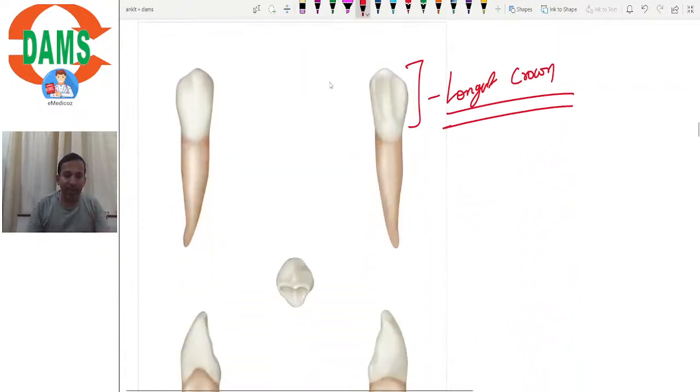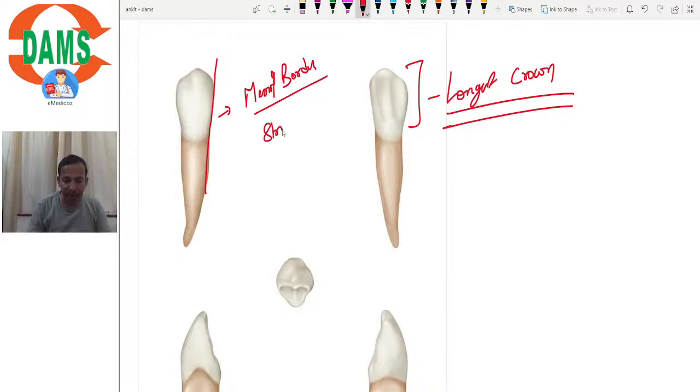Also, now let's see in this mandibular canine. Notice that here the mesial margin or the mesial border of this tooth appears almost like a straight line. And also this tooth is a fusion of premolar and incisor.